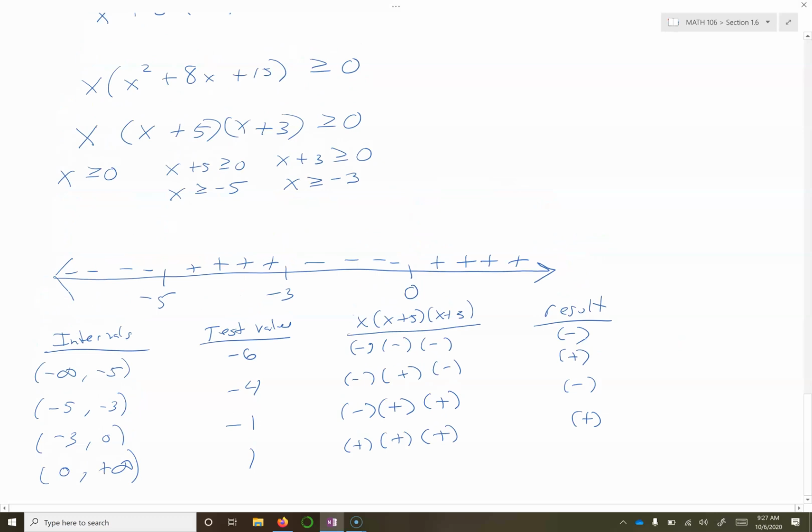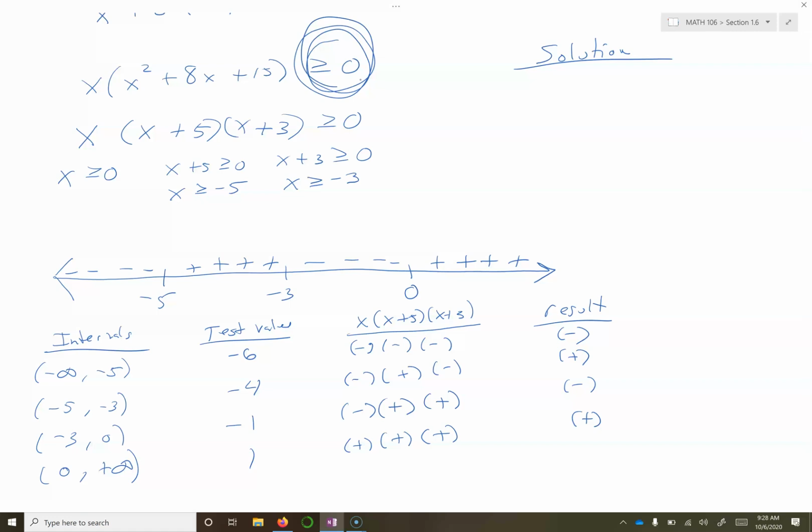Which intervals are we going to say is the solution to this inequality? Which intervals are the solution and why? So you got to look here. Greater than or equal to 0, does that signify positive or negative? Positive. That means all the places on the number line where you see positive signs, they're the solution. So here's how I would write this out.